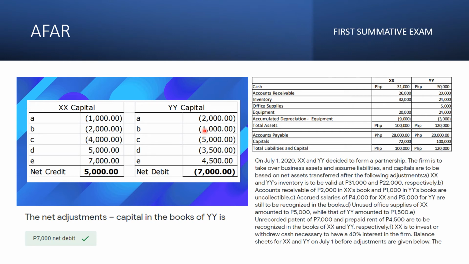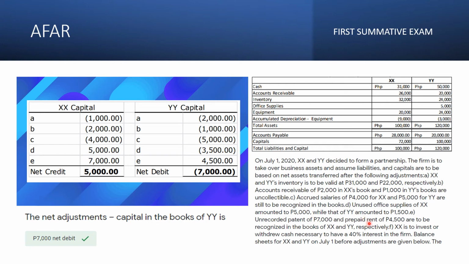For letter C, accrued salaries is 5,000. That's another liability, so that's a net debit of 5,000. For letter D, this is the tricky one. Unused office supplies of XX is 5,000, so for XX, no problem, just add 5,000 because that's an asset.